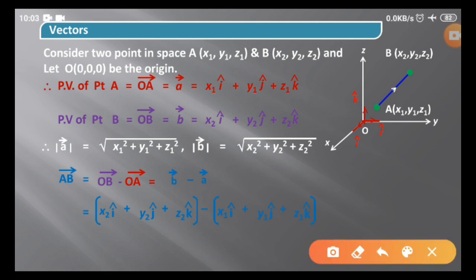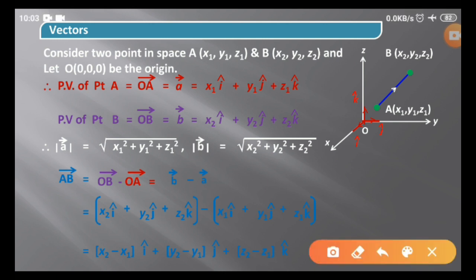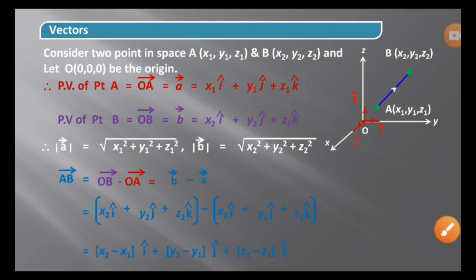Now after the subtraction of these two vectors, we will have x2 minus x1 i plus y2 minus y1 j plus z2 minus z1 k. So this is the vector AB.